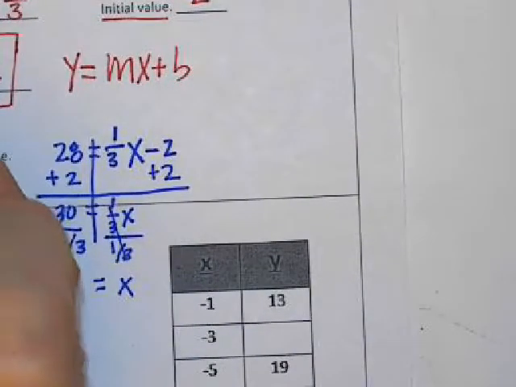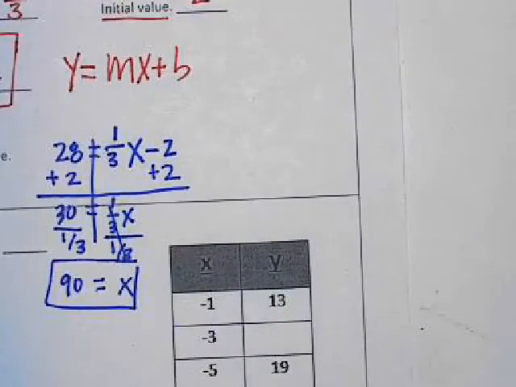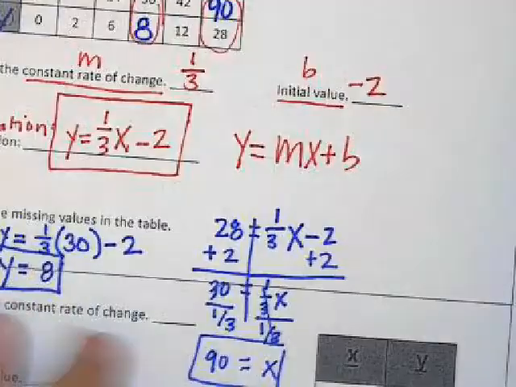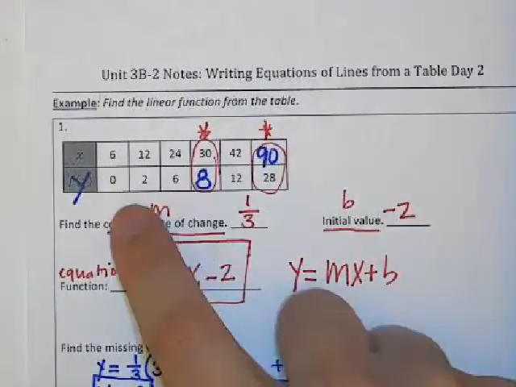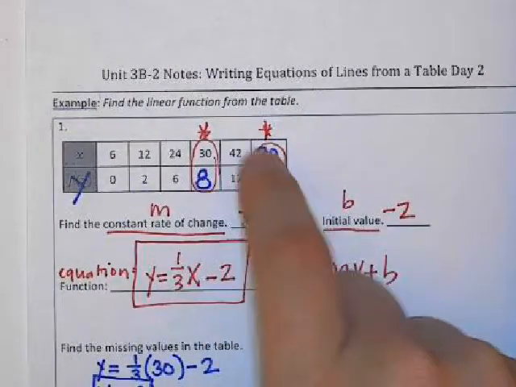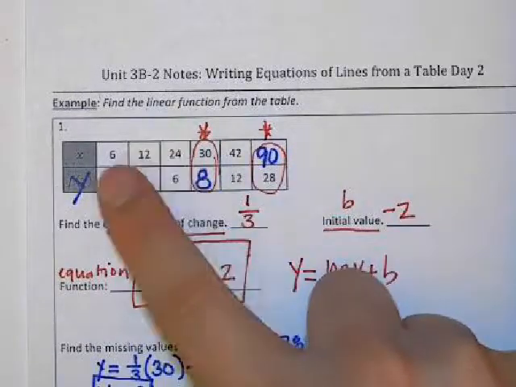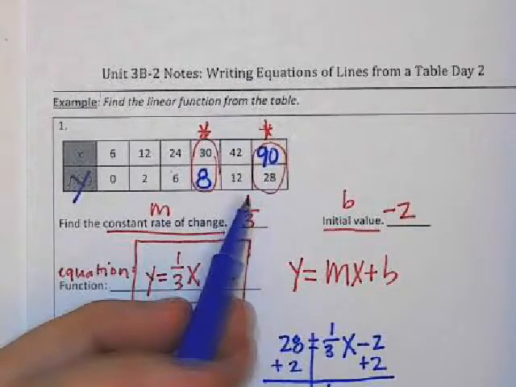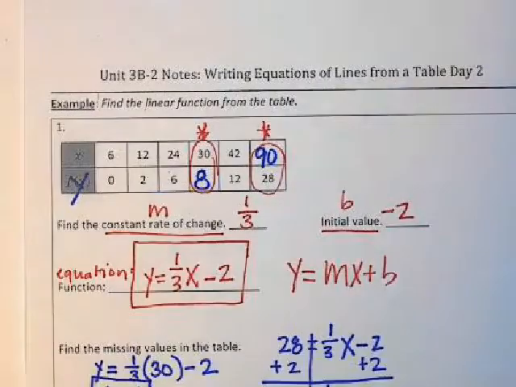So x equals 90. Let's see, does that make sense? Yes, it goes along in the rhythm good. What about the 90? Yeah, makes sense. If you get crazy negative 90, that wouldn't make sense.